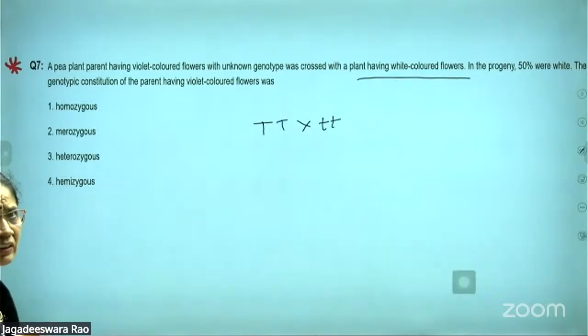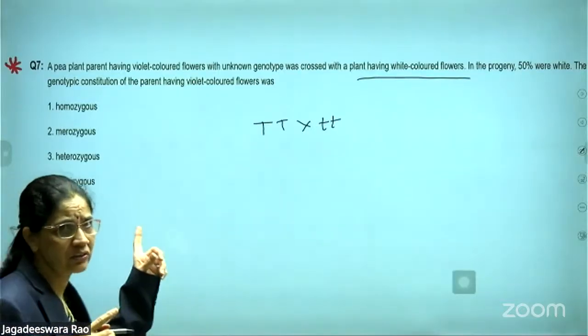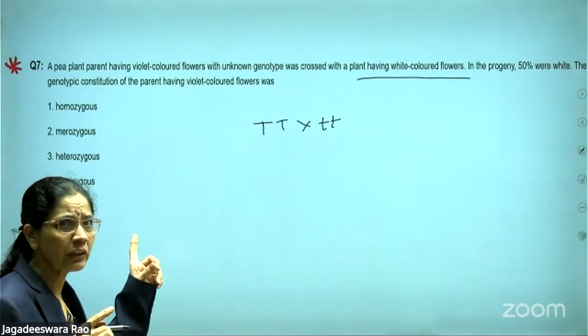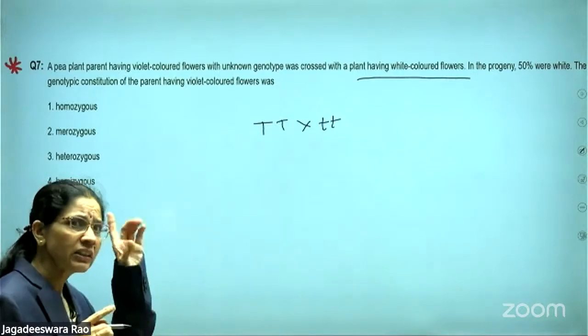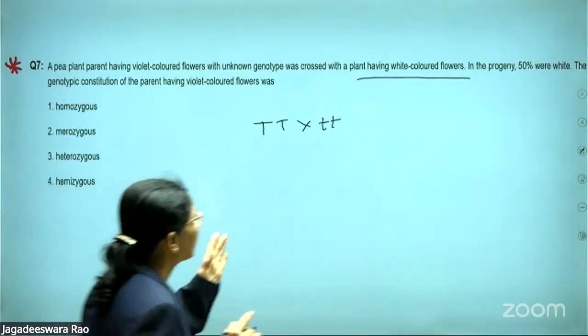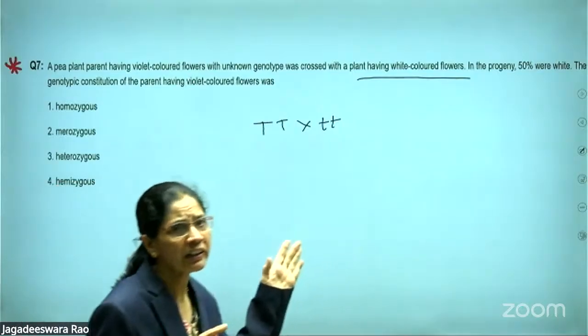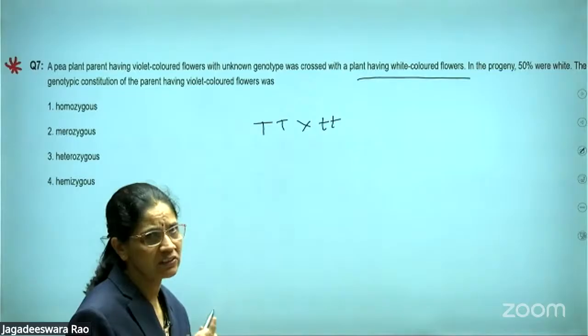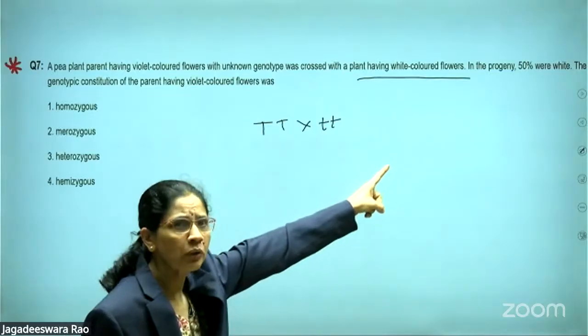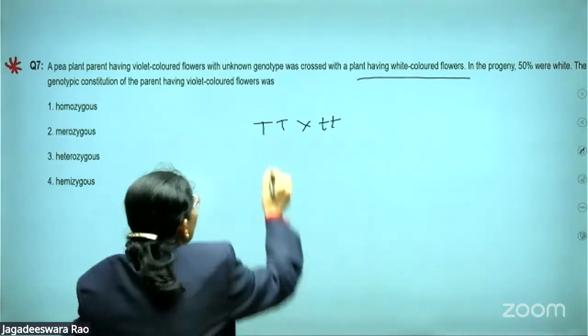Which cross is this? If you can recall, I have told you about the test cross, right? In test cross, we get a 1:1 ratio, that is 50% dominant character and 50% recessive character. So directly you can go into this without solving all these things.